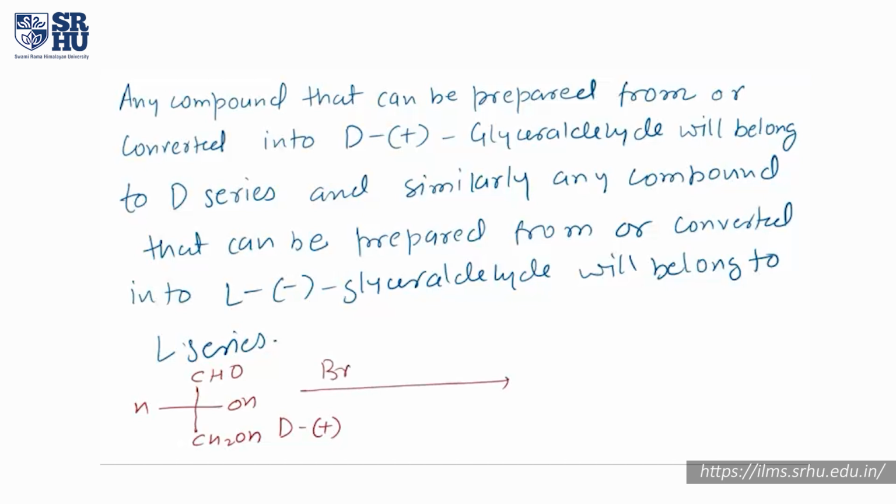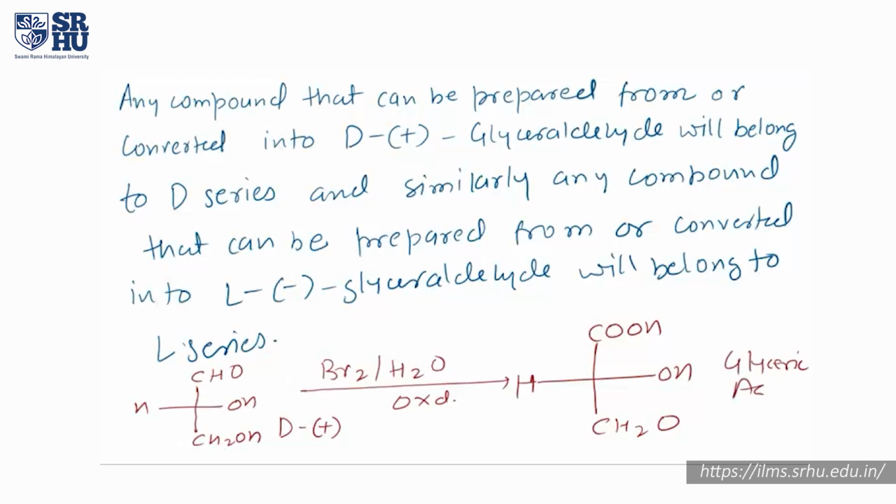We react it with bromine, Br2 and water, and perform oxidation. Due to oxidation, the aldehyde group of this glyceraldehyde is converted to COOH, and the rest of the groups remain the same. We have converted it into a new molecule called glyceric acid.